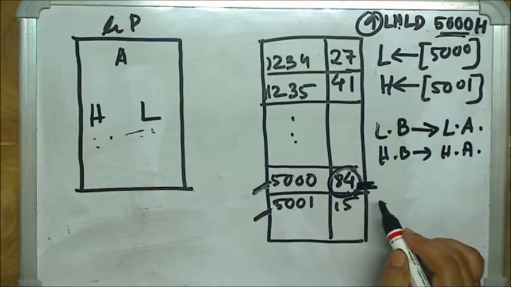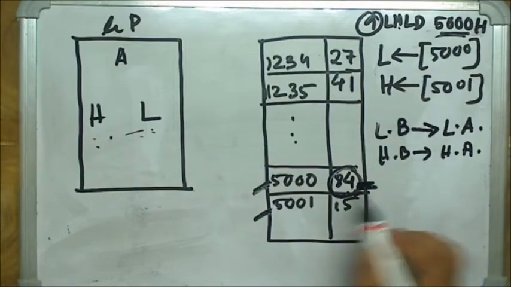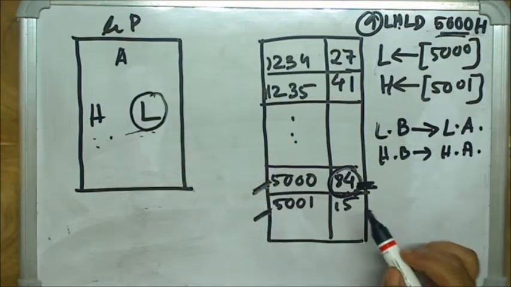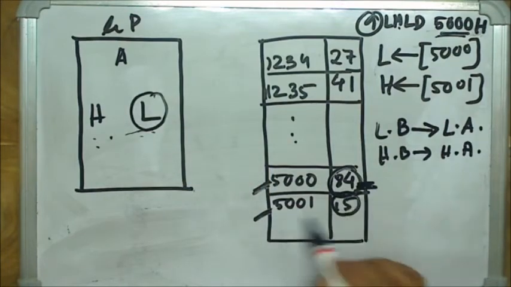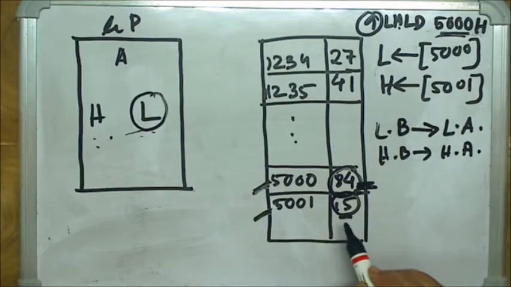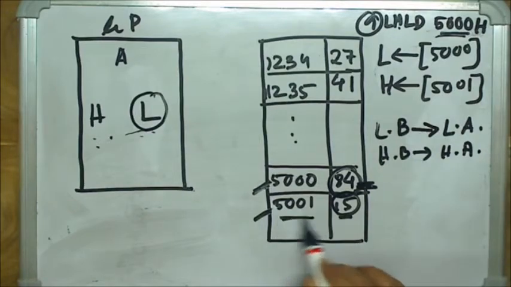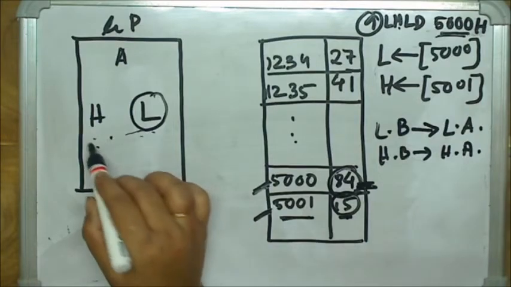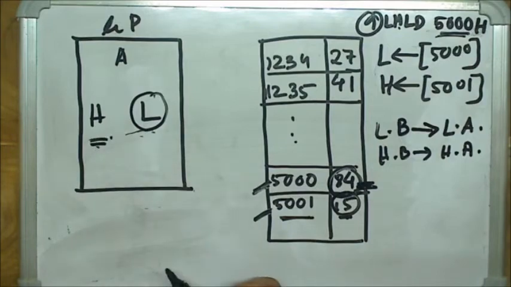So the lower byte data will get loaded in the lower byte register, and the higher byte data, which is 15H because 5001 is the higher address, will get loaded in the higher byte register.